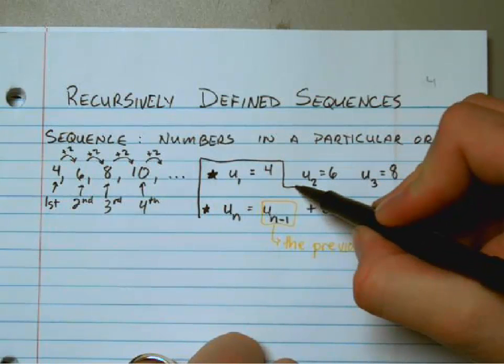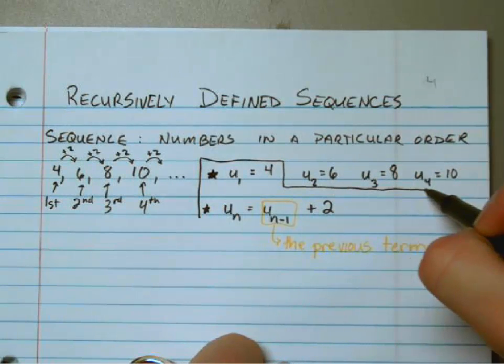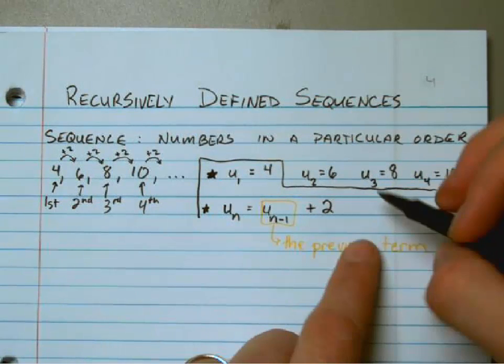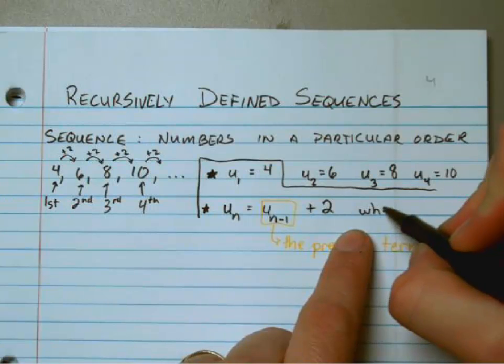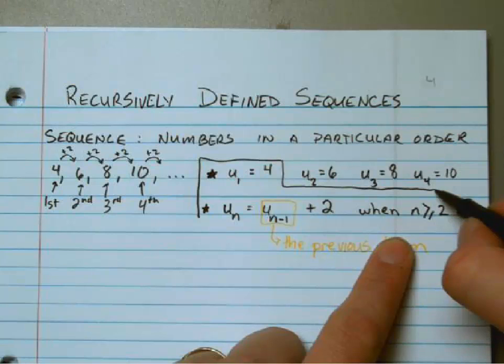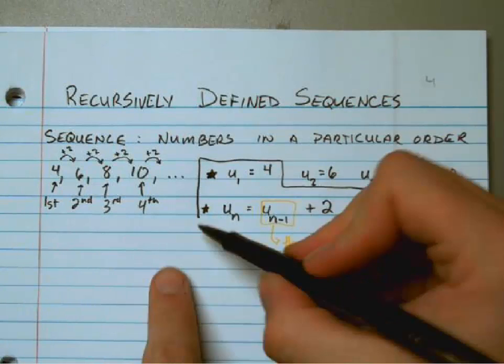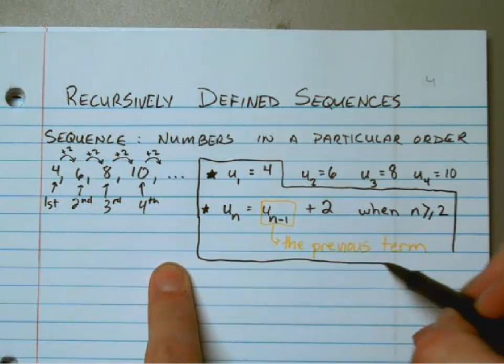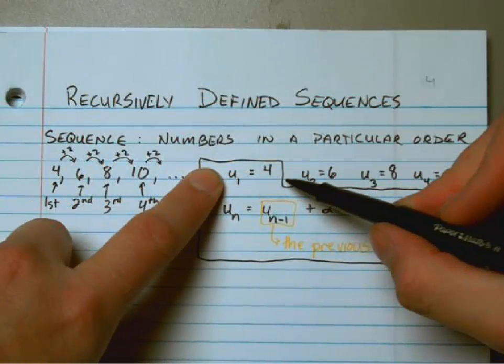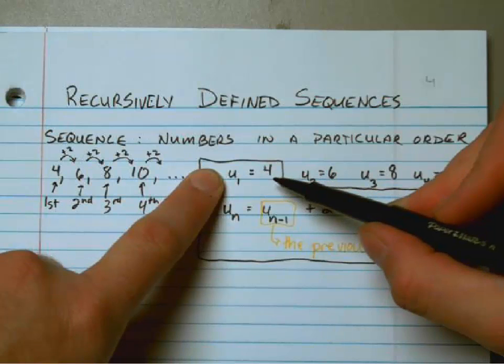Now, just to be kind of picky here, we do have to specify when this rule can be used. This rule is used when n is greater than or equal to 2. So if n is 1, we're just going to use this rule. Piece of cake. Oh, it's 4.